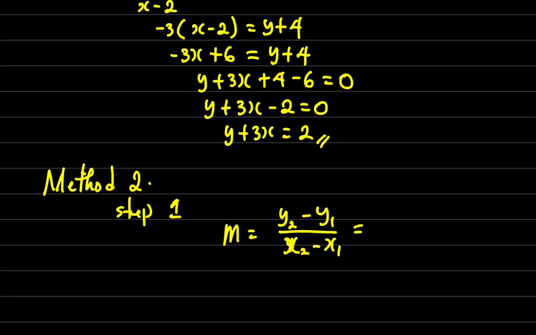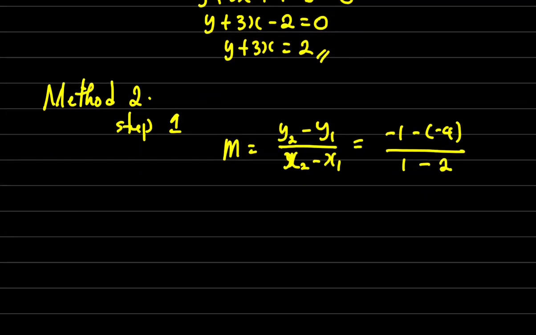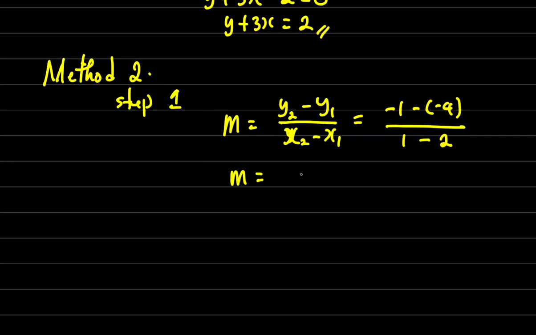Basically, we are going to have -1 minus -4, over 1 - 2. So our m is going to be 3 over -1, which is -3.